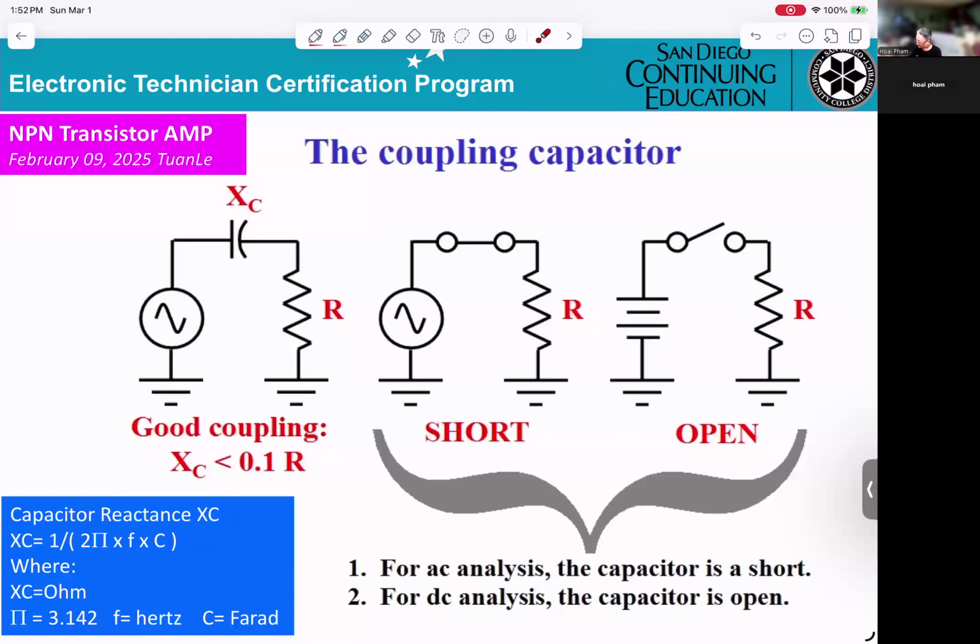That looks like the resistance of the capacitor.